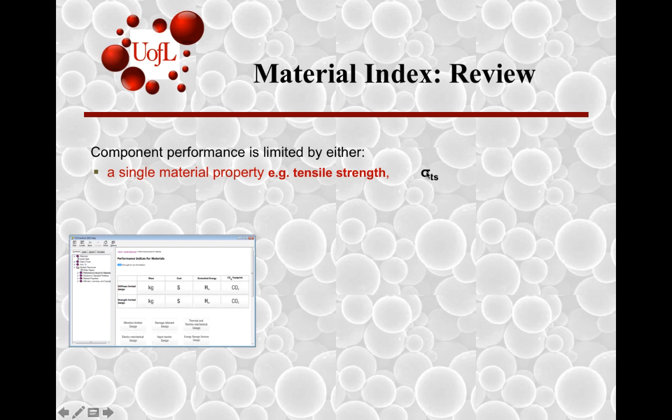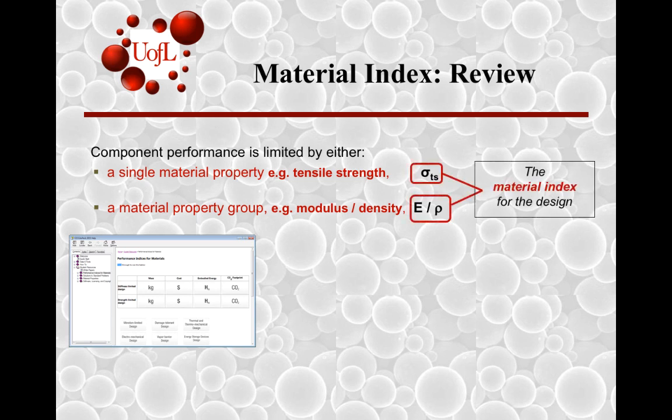So, for instance, tensile strength. Alternatively, you would need a combination such as stiffness to density ratio, or E by rho factor. Either the single property or this type of a ratio, which represents one type of a combination of properties, is considered to be a materials index for the purpose of design.